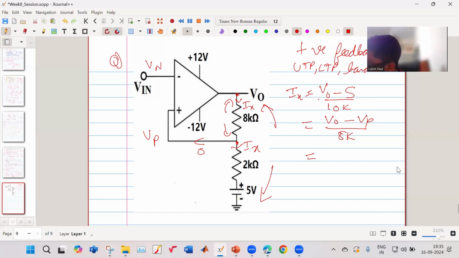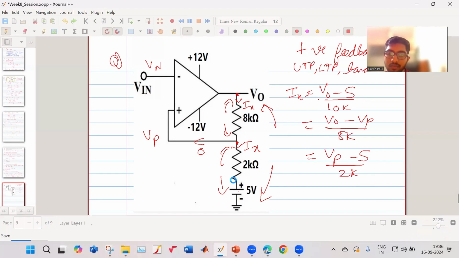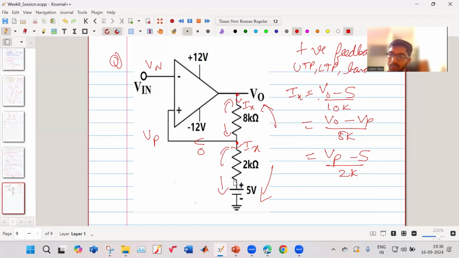Or it could be VP minus 5 upon 2K. So there are 3 cases I can consider, and I'm going to get the same value of my current IX. So this I have found out.